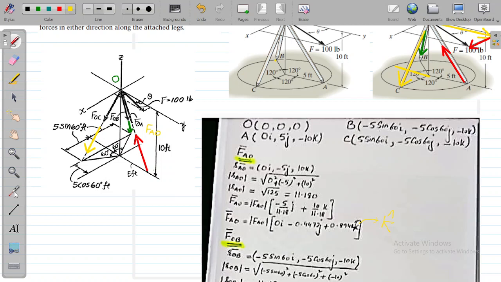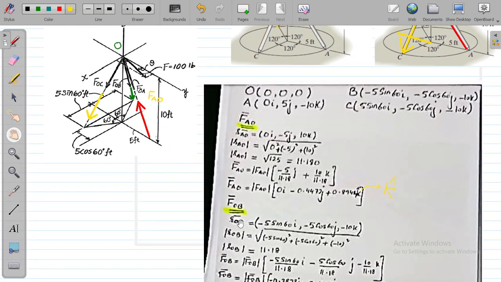So now we will be interested in calculating FOB. Again, you know the coordinates of FOB. You have to take the position vector ROB, which means you subtract the coordinates of O from B. So it will be minus 5 sin 60i minus 5 cos 60j and minus 10 minus 0 k, so minus 10k.